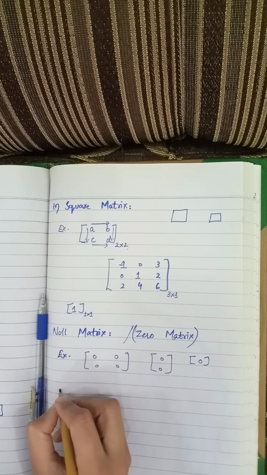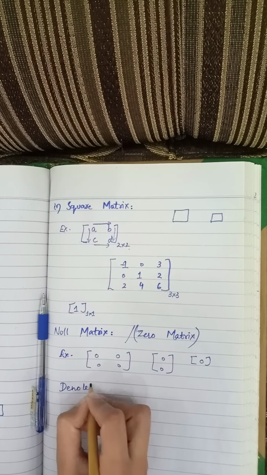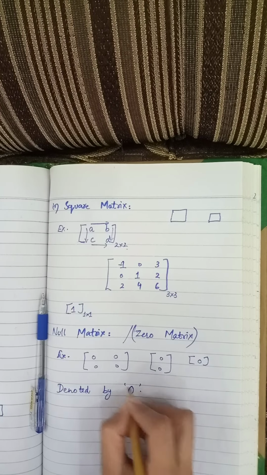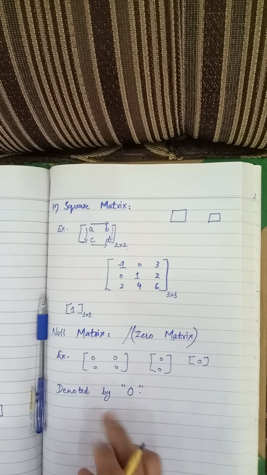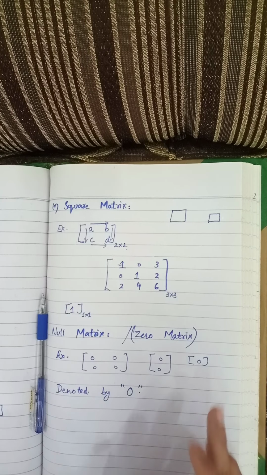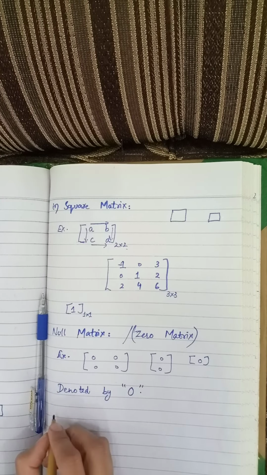It is denoted by O, simply denoted by O because all of the entries are 0. This is a null matrix.